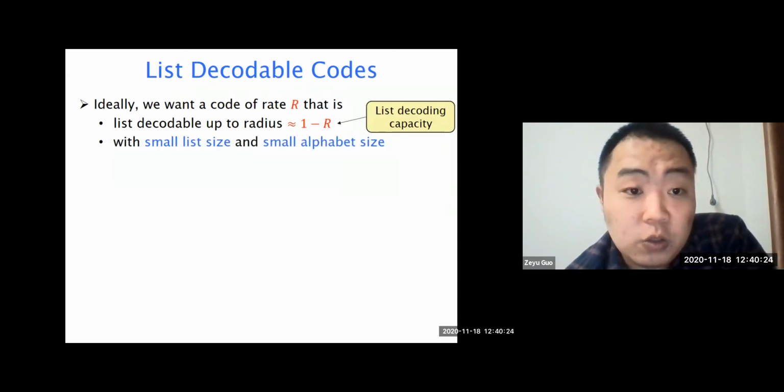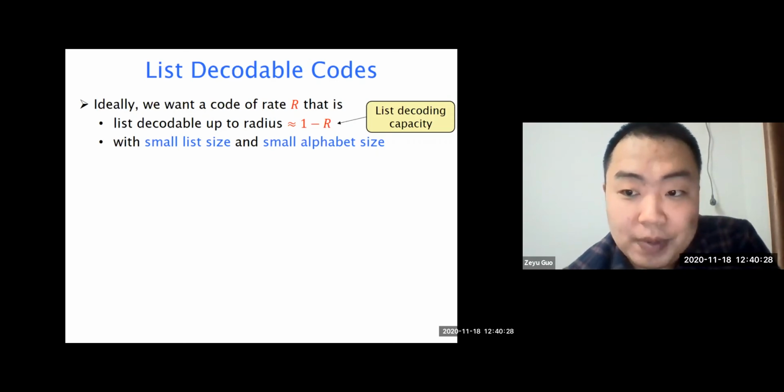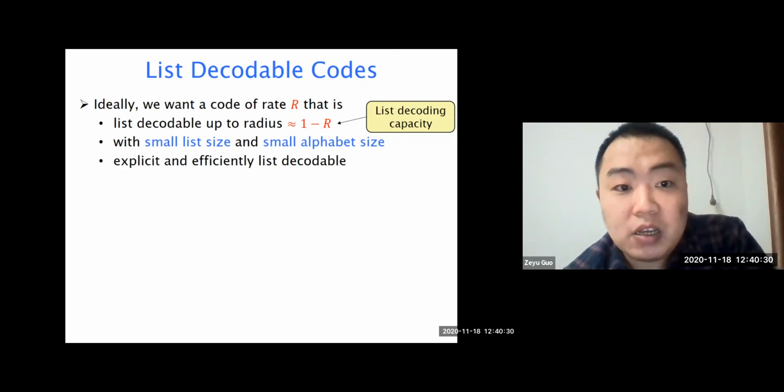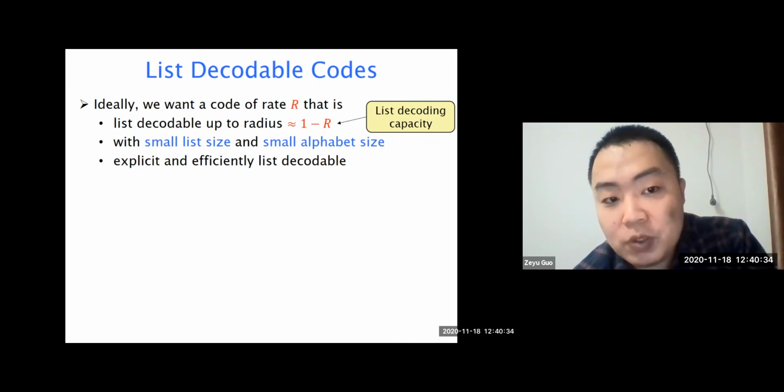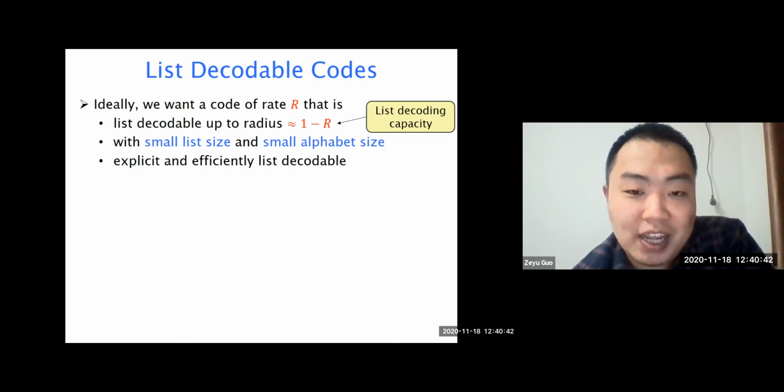We also want the code to have small list size and also hopefully small alphabet size. And the code should be explicit, meaning that the encoding map should be computable in polynomial time, and should also be efficiently list decodable, meaning that we have an efficient list decoding algorithm.